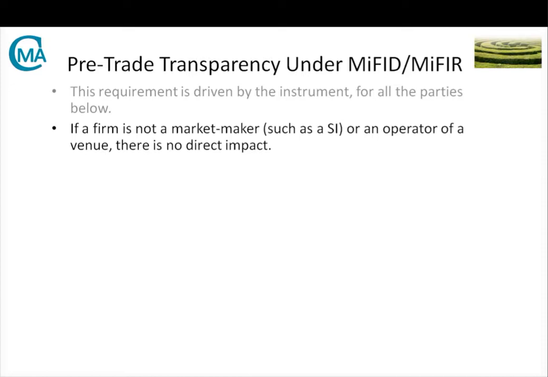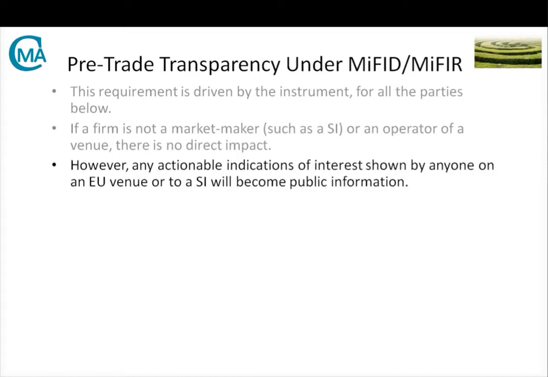And venues can be request for quote, for example. It says any bid or offer, any actionable indication of interest that is supplied to a market must be made available to the public as actionable.